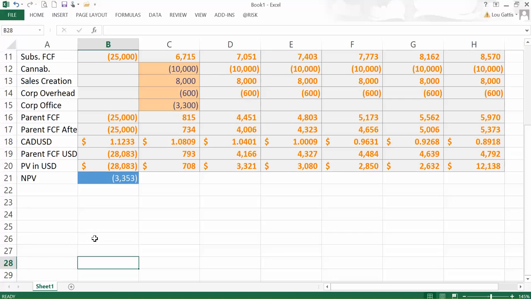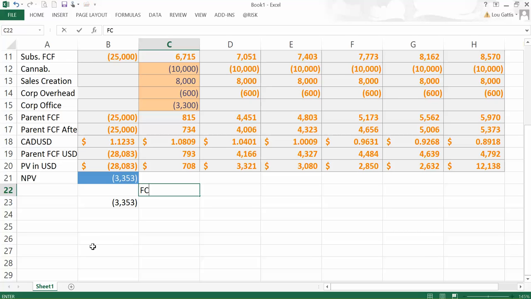Now we're going to do a little sensitivity analysis using a data table. So we're going to do a data table by first just making a reference to the NPV. And then we're going to look at different levels of free cash flow multiple. So let's say the free cash flow multiple could be 1, 3, 5, 7, or 9.